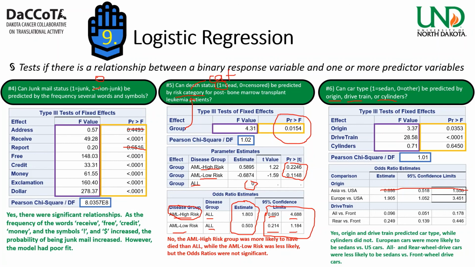So it looks like Europe versus USA: a European car was almost twice as likely to be a sedan than otherwise. And for drivetrain, it looks like both all-wheel drive and rear-wheel drive versus front-wheel drive were less likely, because these were less than 1, less likely to be a sedan.